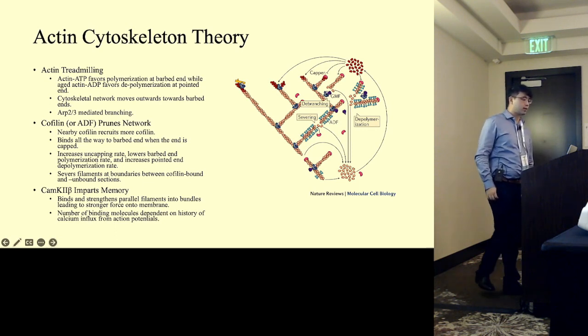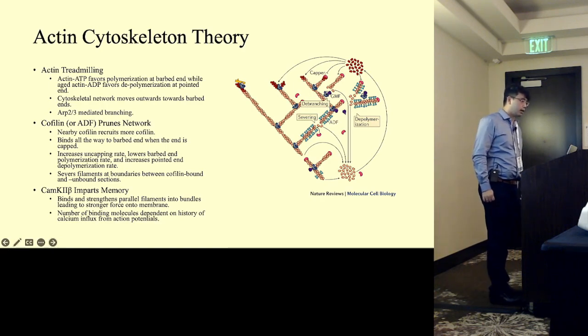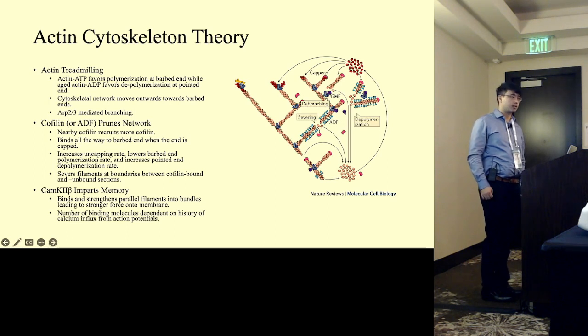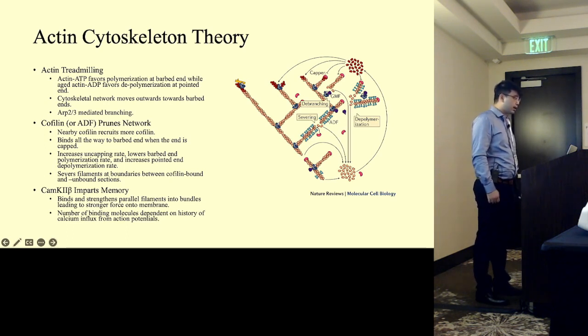And cofilin has the opposite effect of Arp2/3, and it can sever the filaments in between, causing the exposed pointed ends to depolymerize. And it can bind all the way to the barbed end when it's capped, while possibly severing along the way.